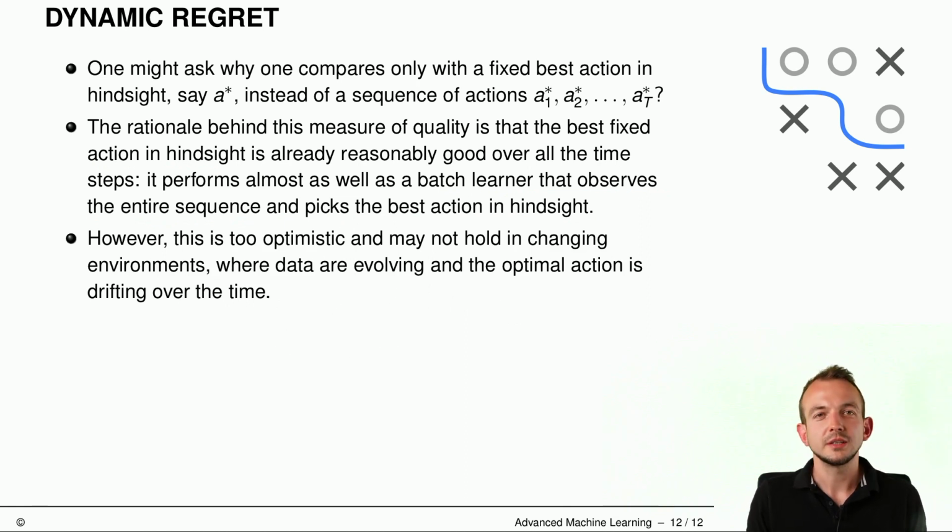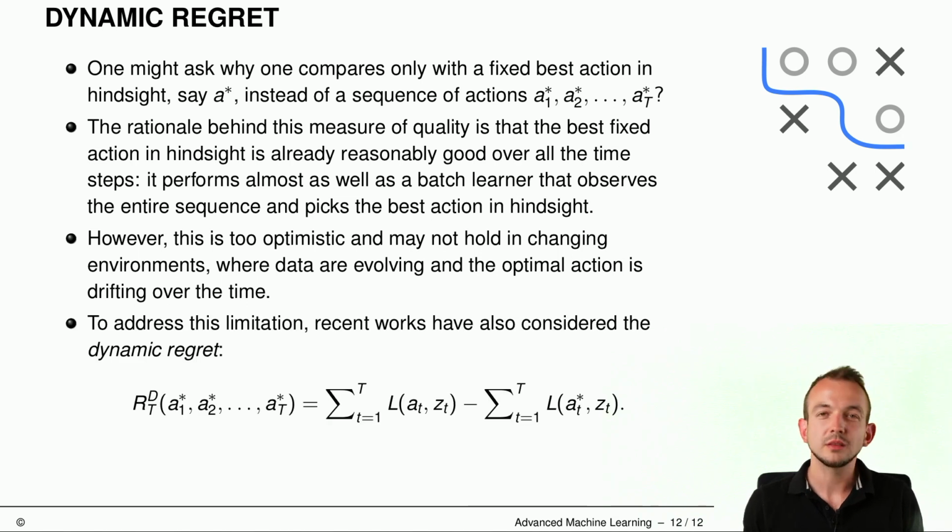Of course, taking into account that we have these dynamical aspects in the online learning world, where we don't have this typical fixed data generating process but it is evolving over time, this best action in hindsight as the competitor is perhaps too optimistic and not the best way to go.